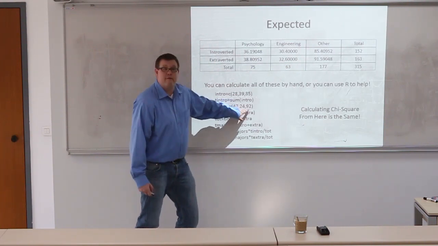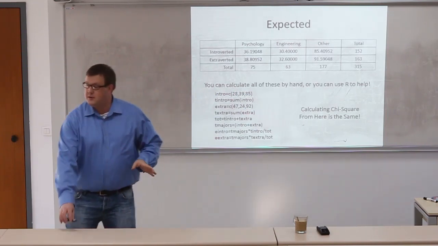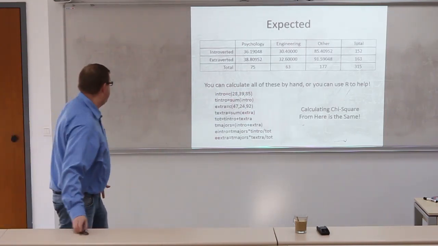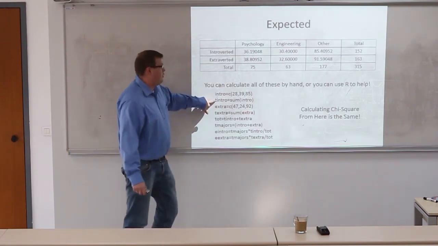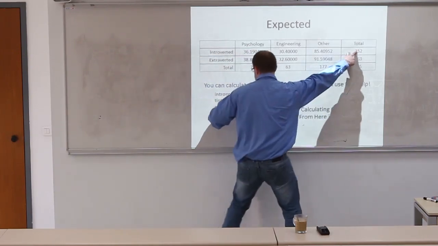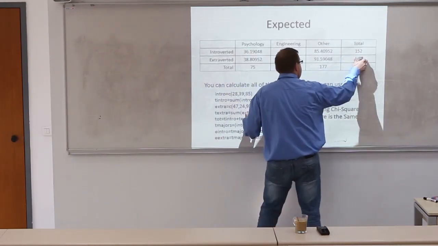So I'm just creating those two variables that have the introversion scores and the extroversion scores for the different majors. Now I got the total for intro; I just summed up all of this, and that will give you this. I also did the total for extroverted; I summed those up, and it gave me this.